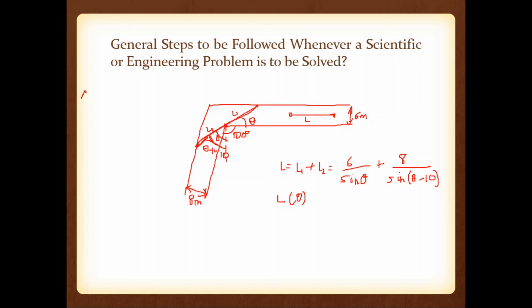So we are going to draw a graph here. This is theta. If theta is equal to 0 degrees, that is this particular position, and the maximum length that we can carry is infinity. With an increase of theta, that length will decrease. At a particular point, the length will be minimum.